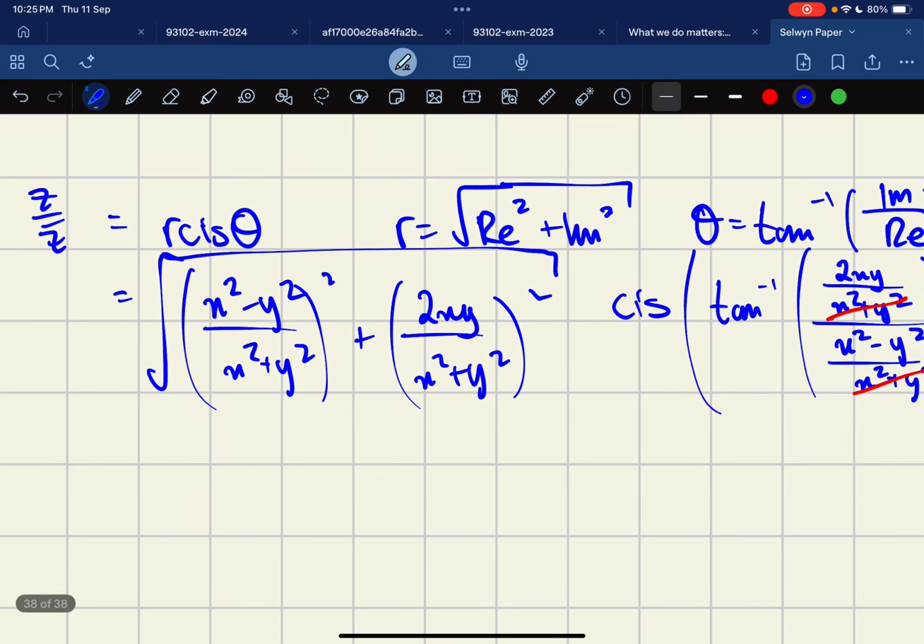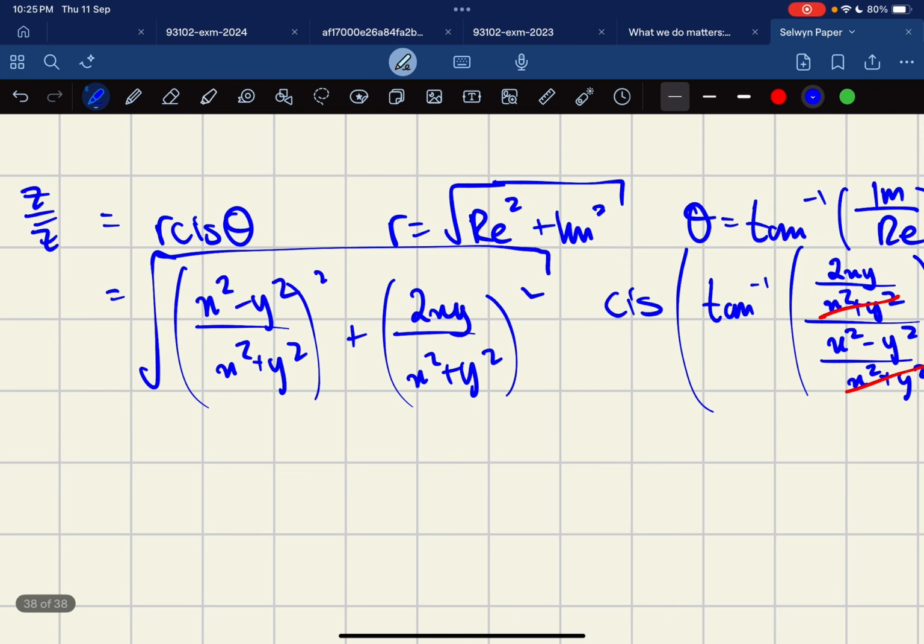But for this huge bracket here, notice how the denominators are both the same, and they're both influenced by the squares here. So the denominator is going to be x squared plus y squared, all squared.